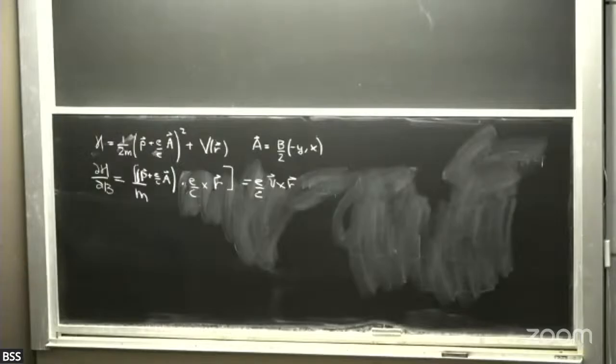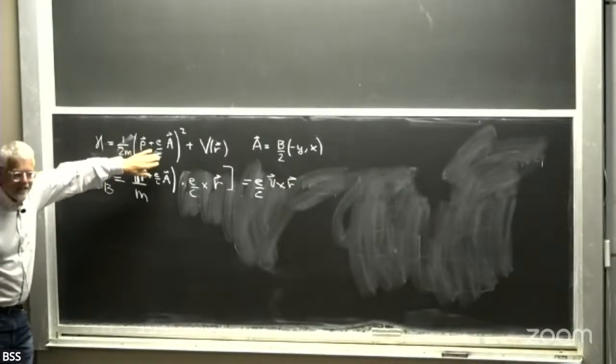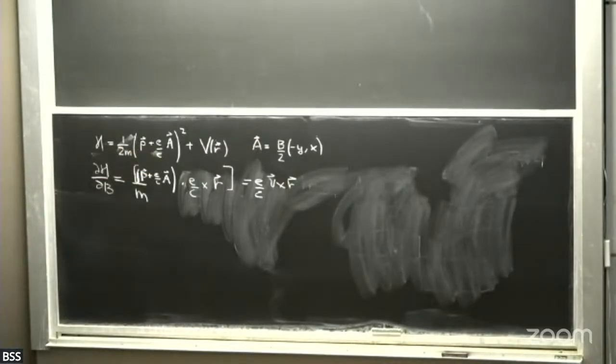That's just a Hamiltonian identity, and the derivative of the Hamiltonian with respect to B is the operator for orbital magnetization in this Hamiltonian that doesn't have any spin degree of freedom.